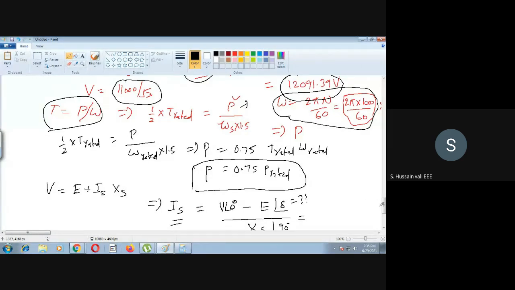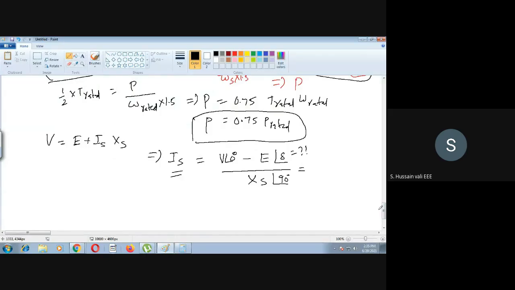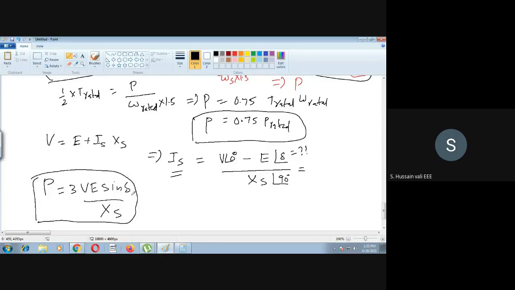To find this value, there is an equation, which I hope you remember: P is equal to 3VE sine delta by XS. I hope everyone knows this equation. From it, sine delta is equal to P into XS divided by 3VE.